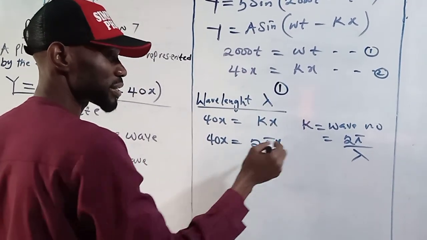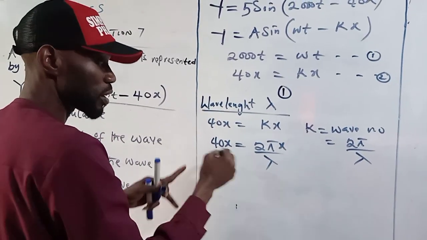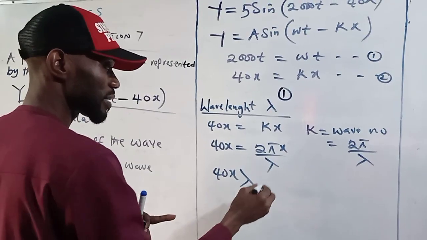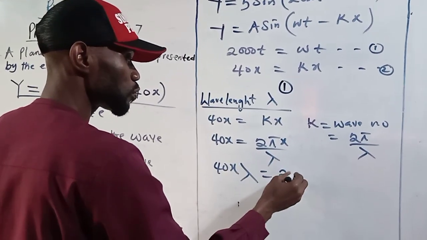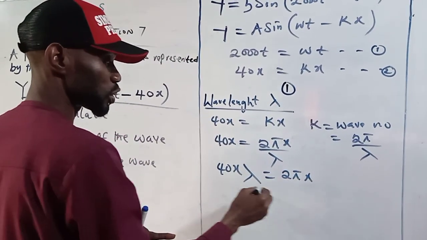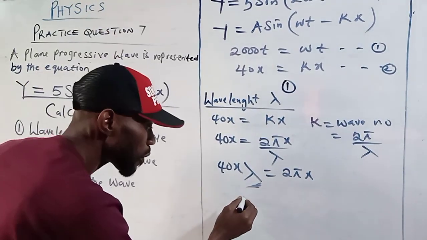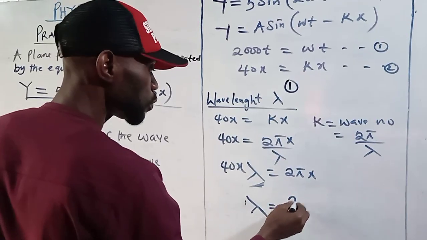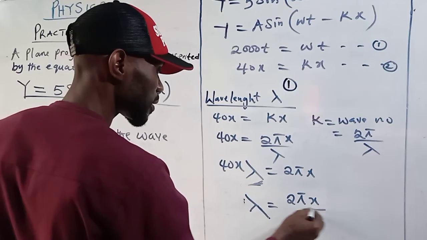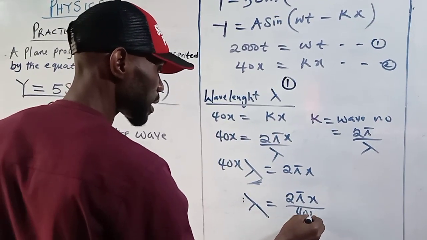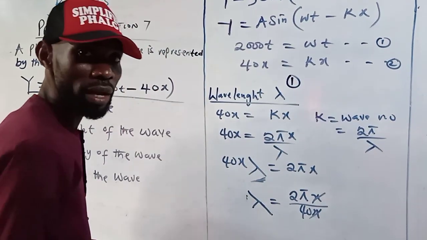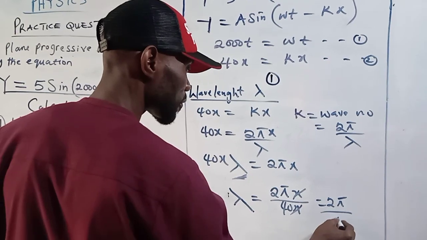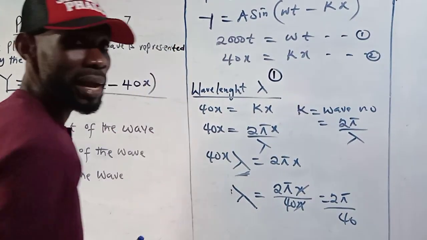Remember, I have x here. Cross multiplying, I have 40x lambda equal to 2 pi x. This is what I'm looking for, lambda. So lambda will be equal to 2 pi x all over 40x. Obviously, x will cancel out, so we are left with 2 pi all over 40. And we know pi has a value.